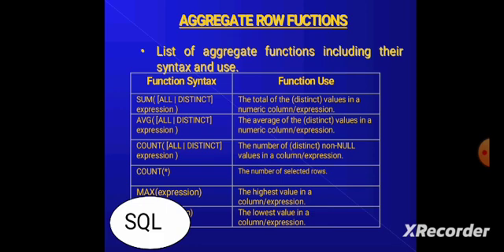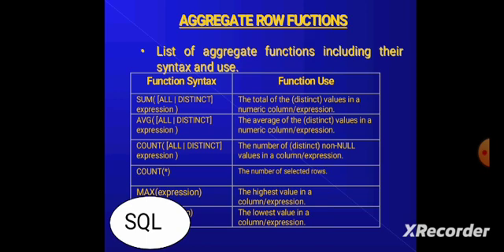So these are called a column function or a row function, and this SQL aggregate function works with the group by and having clauses of the select statement. If the user wants to retrieve some data from the table, they use the select clause command.